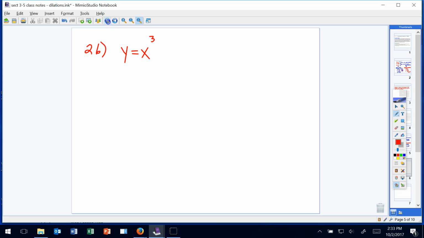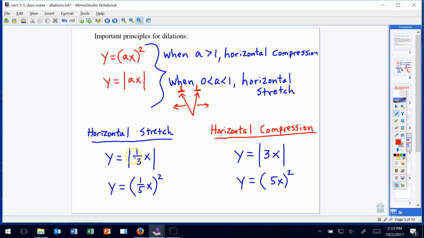Okay, well, in the previous slide we gave you some examples of how to accomplish horizontal stretch. We have a number between 0 and 1, and it will be placed inside grouping symbols like this. Now I'm showing the quadratic parent, but that's also true for the cubic, which we're about to do.